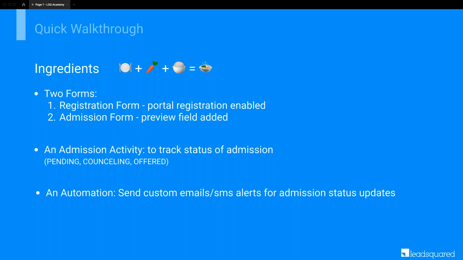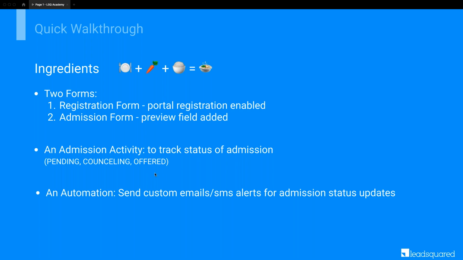So, in our case, we'll have an activity that will allow us to track the status of admission, right? And in this admission activity, we might store the status of the admission. We might also want to store, for example, when the user applied for this admission, and what the payment status of this admission is. So all this information can be stored in our activity, right?